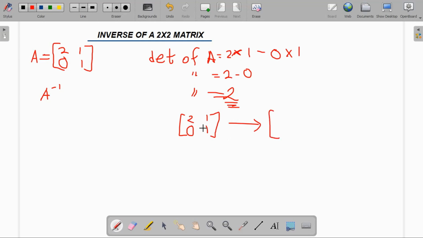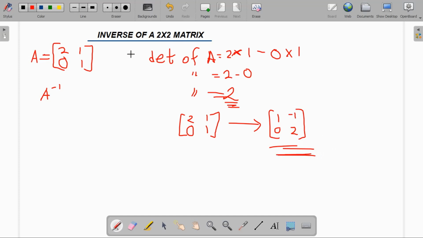You interchange the elements in the major diagonal: 2 and 1 become 1 and 2. And then the minor diagonal you multiply by negative. So negative multiplied by 0 gives us 0. Same, negative multiplied by -1 gives us 1.